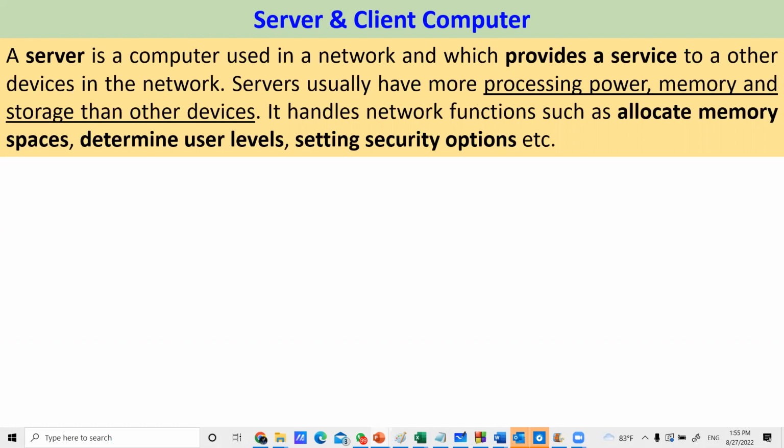Servers are normally used to handle network functions like allocating memory spaces, determining user levels, and setting security options. These are the services the server provides for other computers in the network. Determining user level means which level of users can access your computer network system.